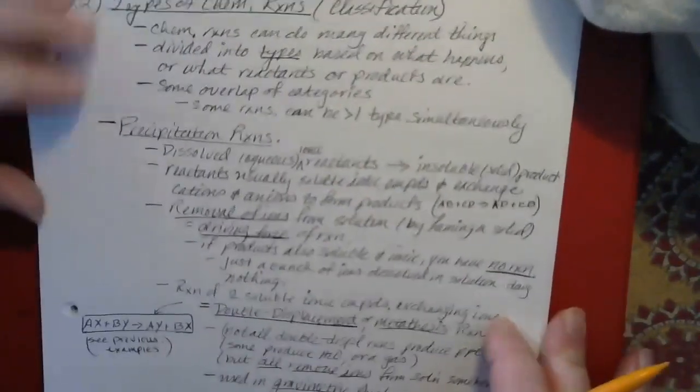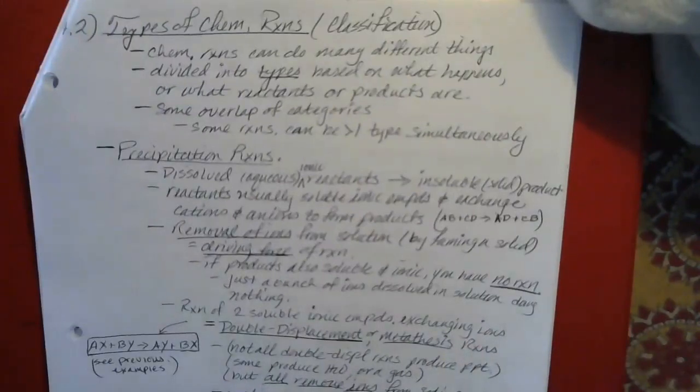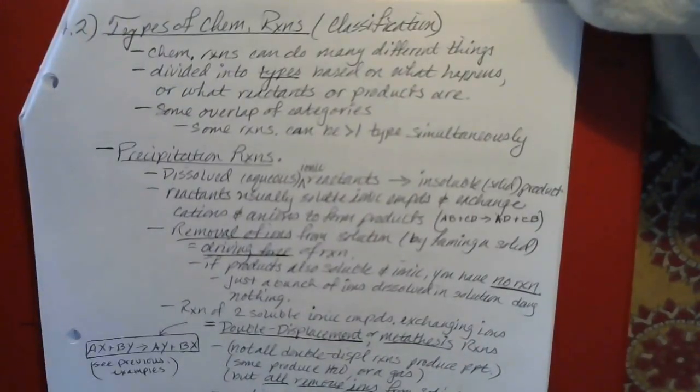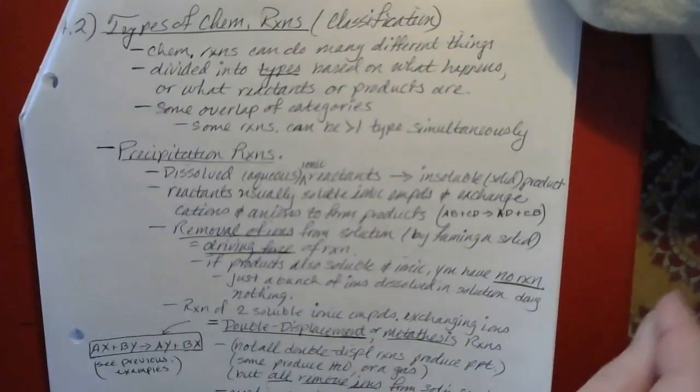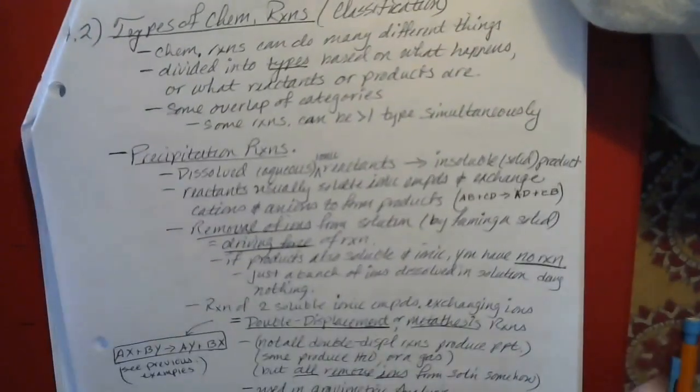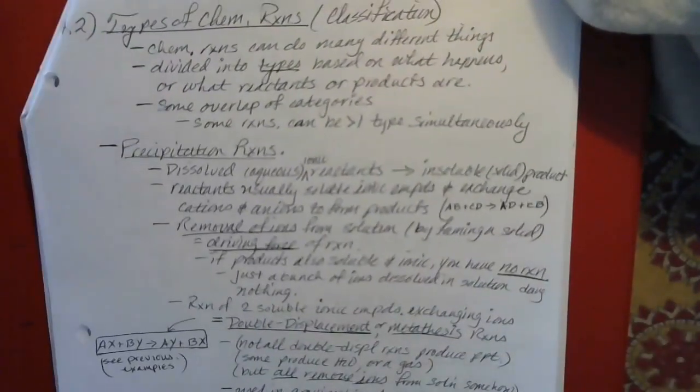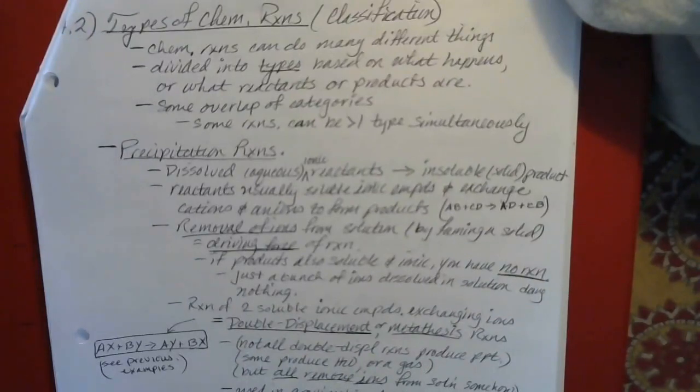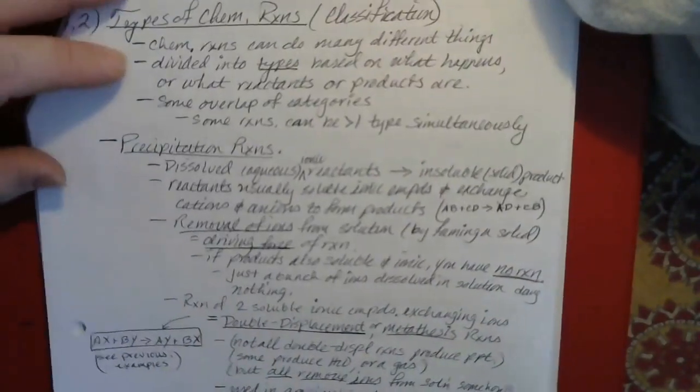Finally, reaching the second section of the chapter, we're going to look at some types of chemical reactions or classifications of chemical reactions. There are literally millions and millions of chemical reactions known, and so it can be helpful if you can sort of group them together in some way.